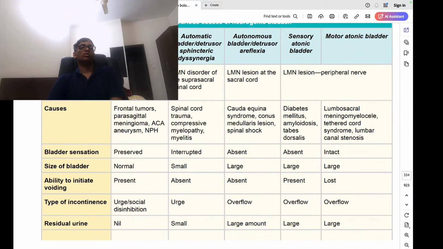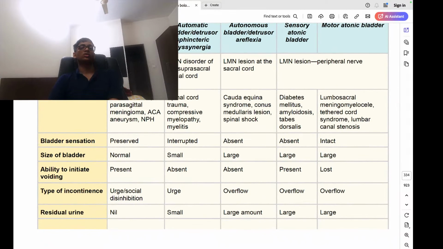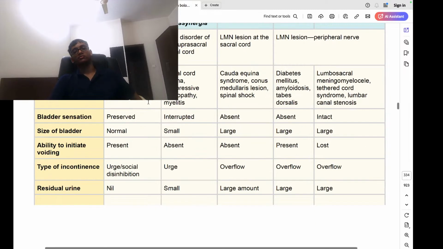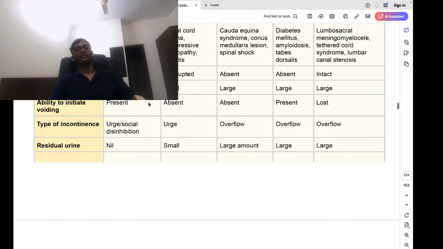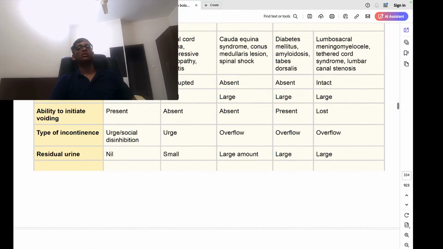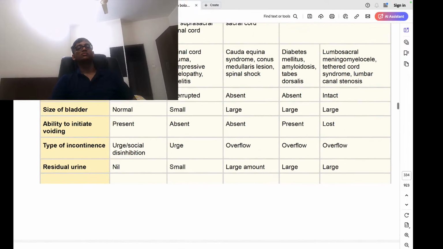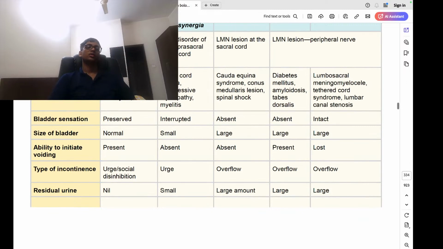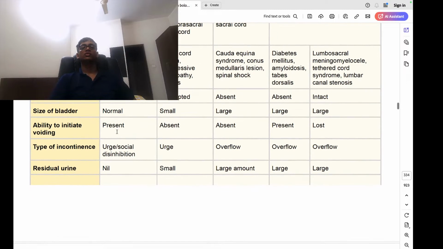Uninhibited bladder or detrusor hyperreflexia is a suprapontine neurologic disorder mostly affecting the frontal lobe: frontal tumor, parasagittal meningioma, anterior cerebral artery aneurysm, NPH. Bladder sensation will be preserved and size of bladder is normal.